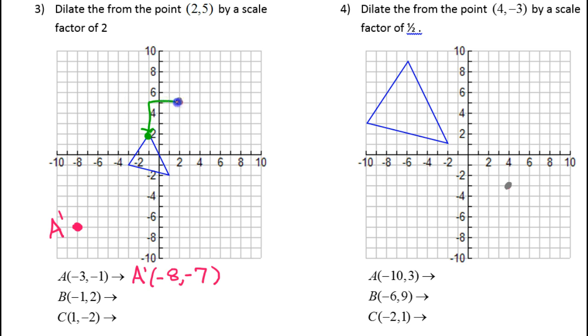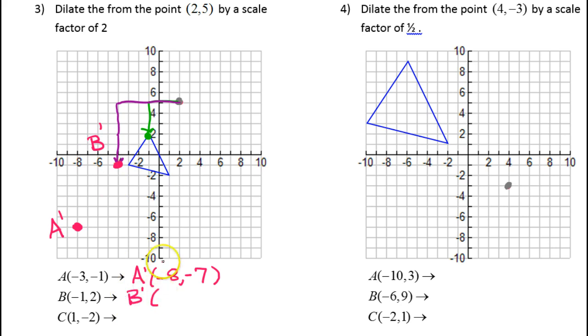So here I go. So there's 3 and there's 6. Okay, and there's 3 and there's 6. So this should be the location of B prime.